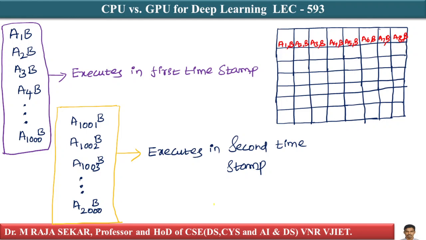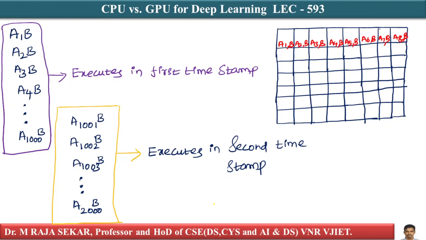I will keep A1B in the first box, in the second one I will store A2B, in the third cell I can keep A3B, and so on, A4B, A5B, till A8B. In each cell I can keep A and B, isn't it?